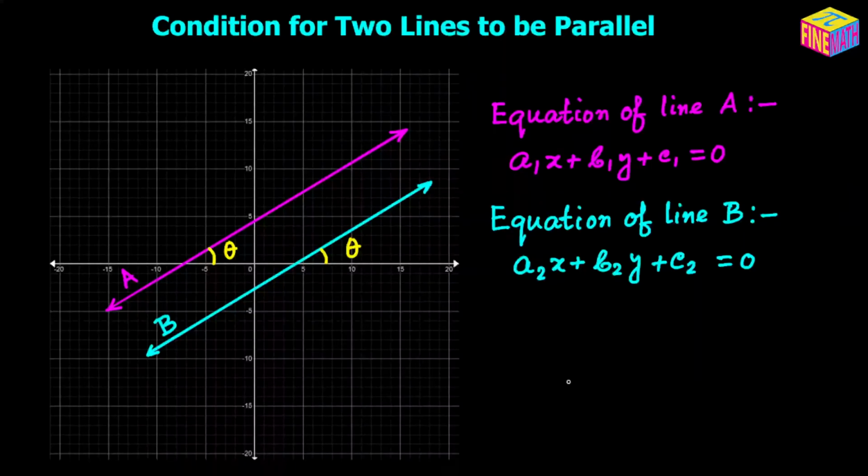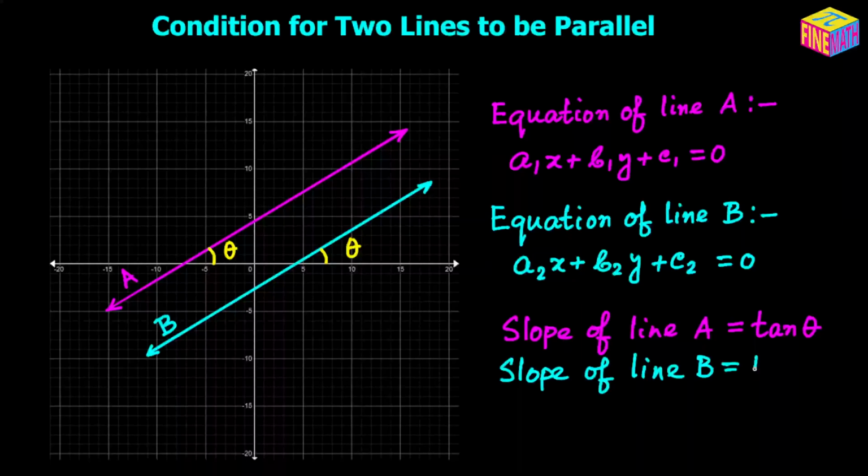Now because they have the same angle of inclination, their slope would also be equal, right? So if we simply ask what is the slope of the first line, I can write it like this. I'm using the pink color for the first line. So the slope of line A would be equal to tangent of theta, because that is the angle of inclination of line A. And similarly, what would be the slope of line B?